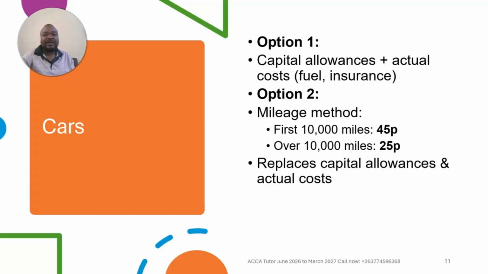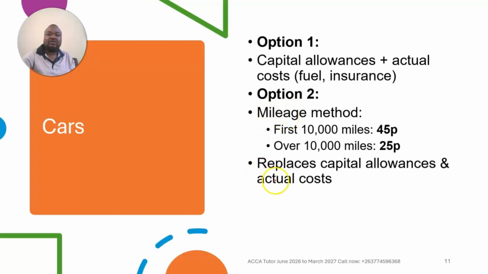So there will be some allowances that are going to be given with regards to cars, some with regards to the CO2 emissions and so forth. All right, and then the second option is going to be the mileage method.